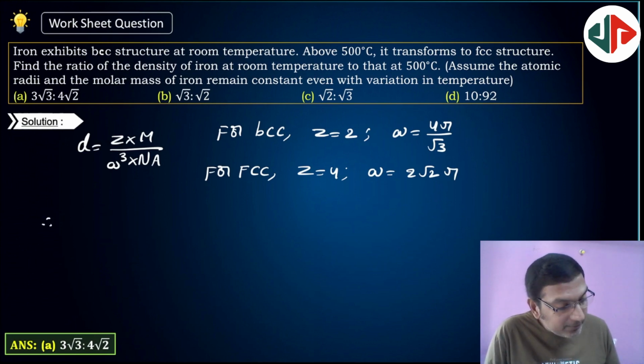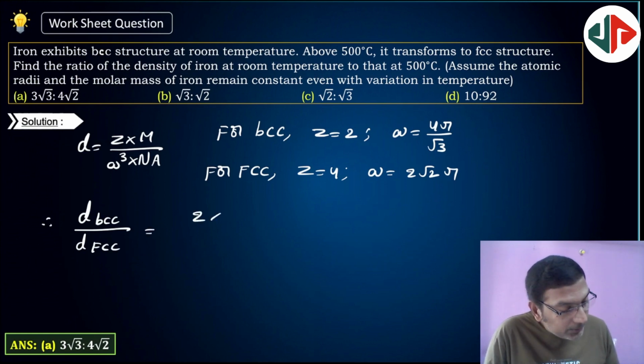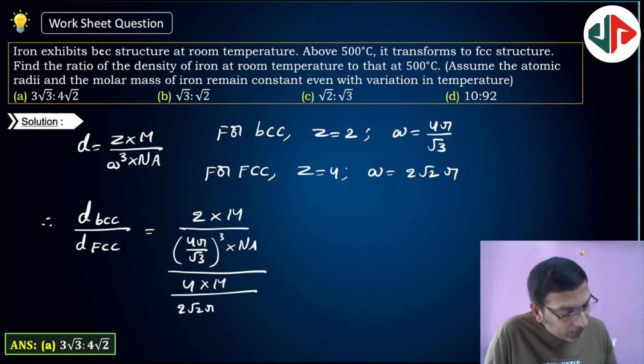Density of BCC by density of FCC equal to 2 into M by (4R by root 3) cube into Na, divided by 4 into M by (2 root 2 R) cube into Na. So this will be the ratio complete.